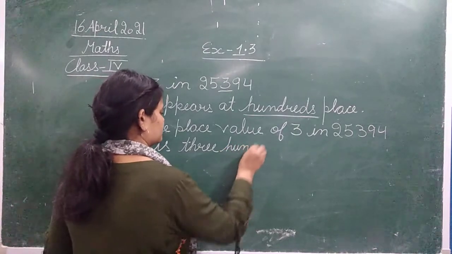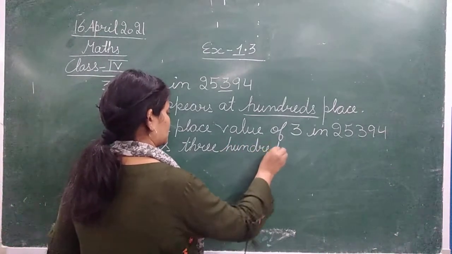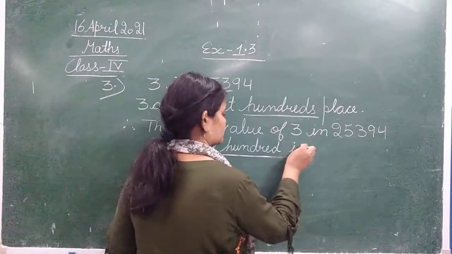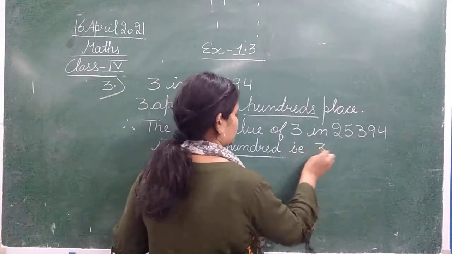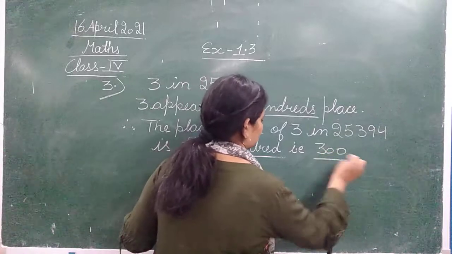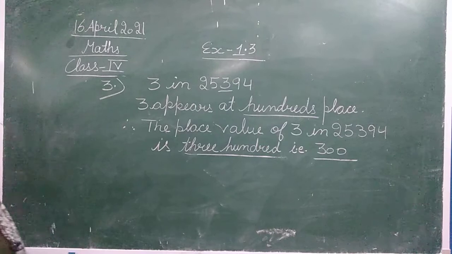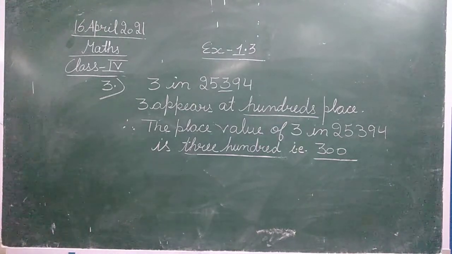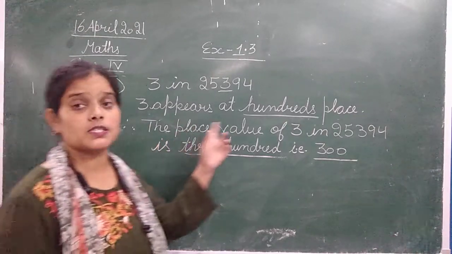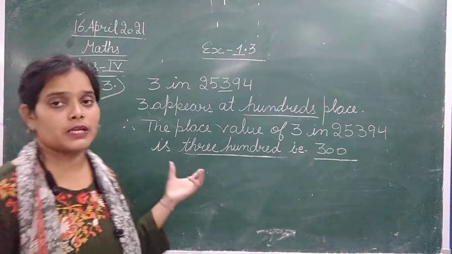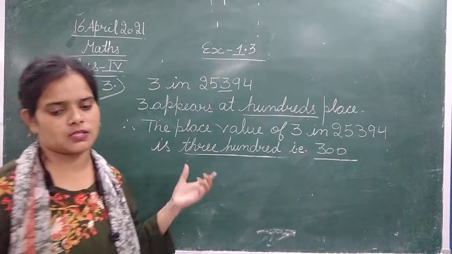That is 300, i.e., this is the symbol that we use. So this is how you are going to do the questions, so that you are aware at what place that particular number is appearing and what the place value is.